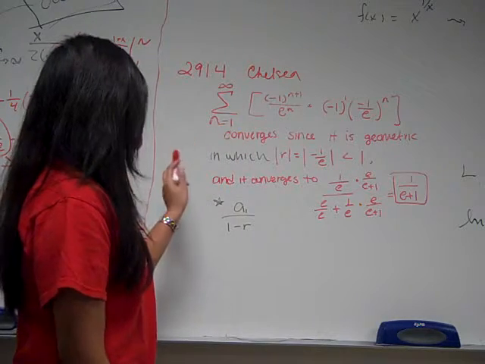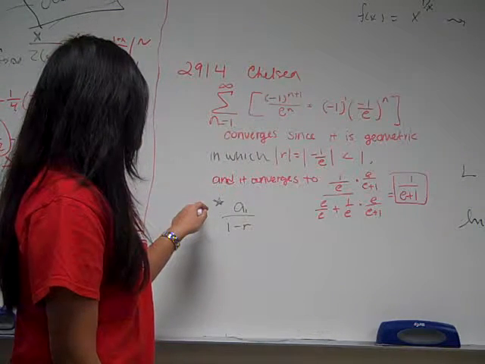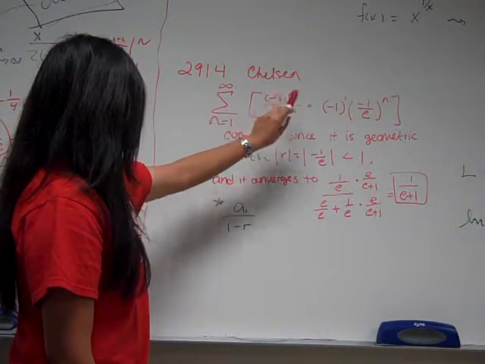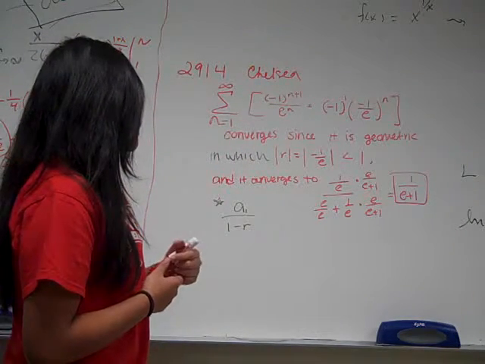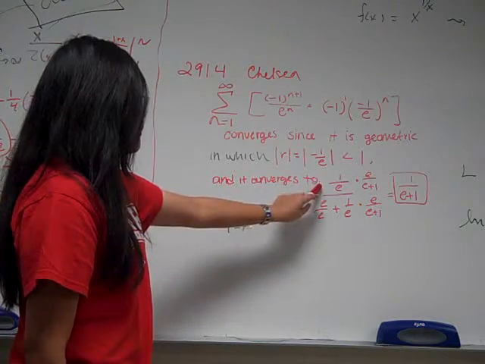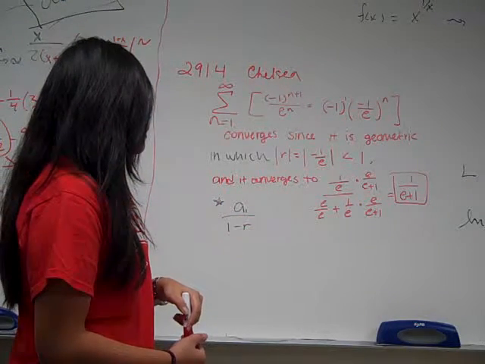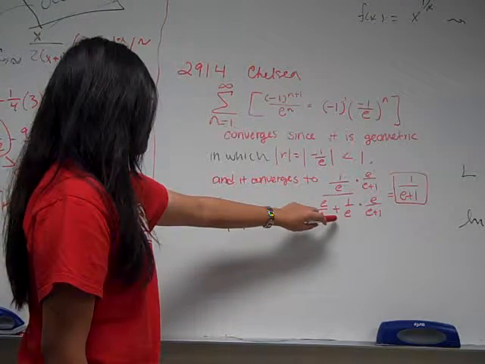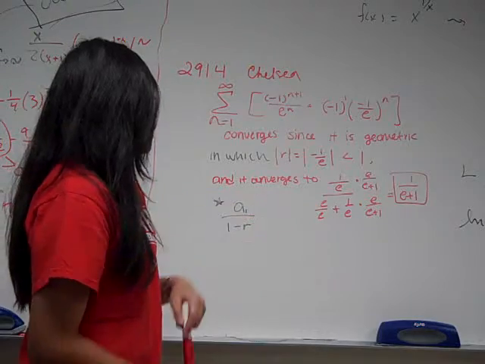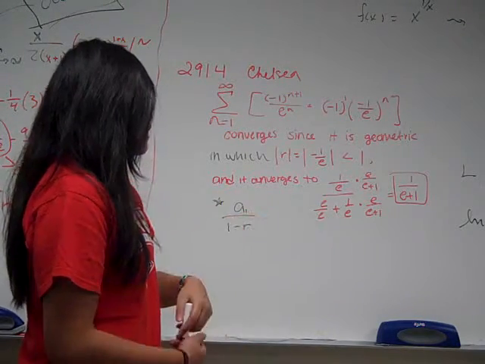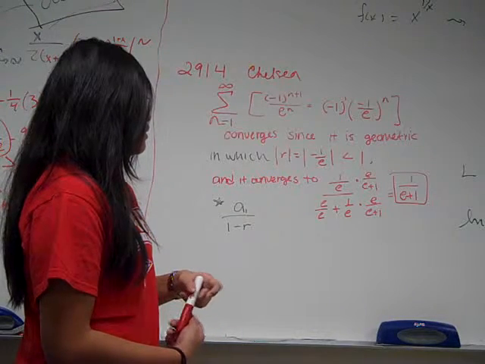If you take the first term, the -1 squared, so that's just 1, and then e to the 1, we have 1 over e. And then the ratio is -1 over e, so that'll be positive. 1 minus the -1 over e, so that's e over e plus 1.